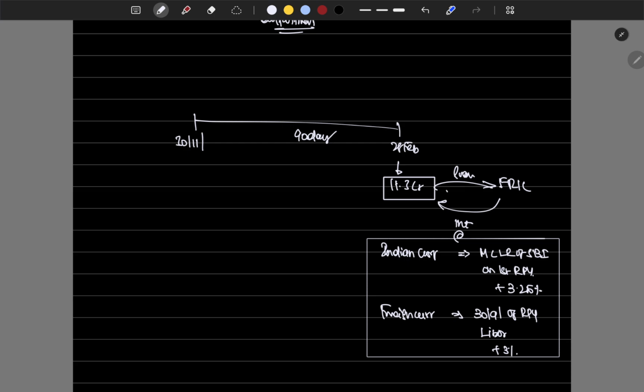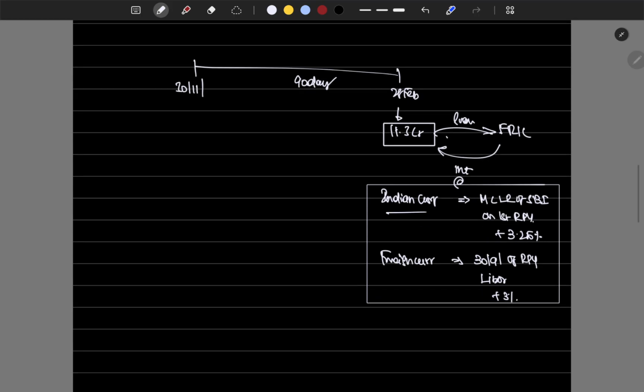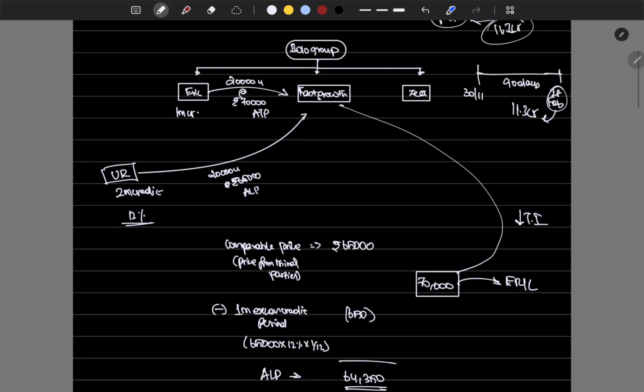Every year, tax on this interest income will be paid to the Indian government. So this is the thing we have to know if it is not repatriated.